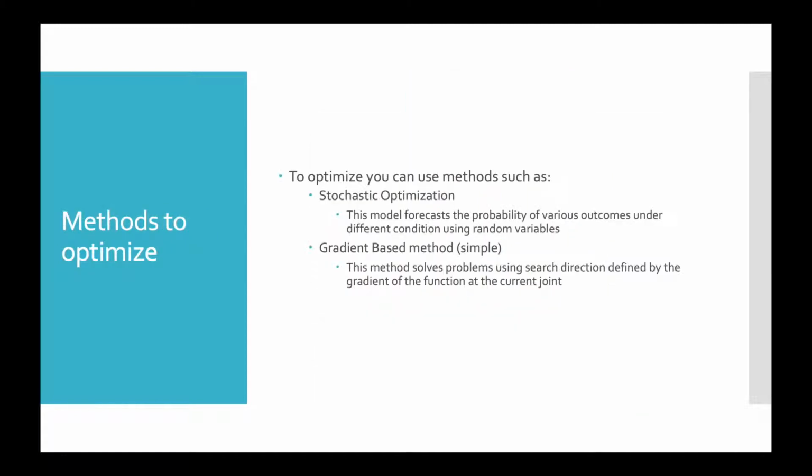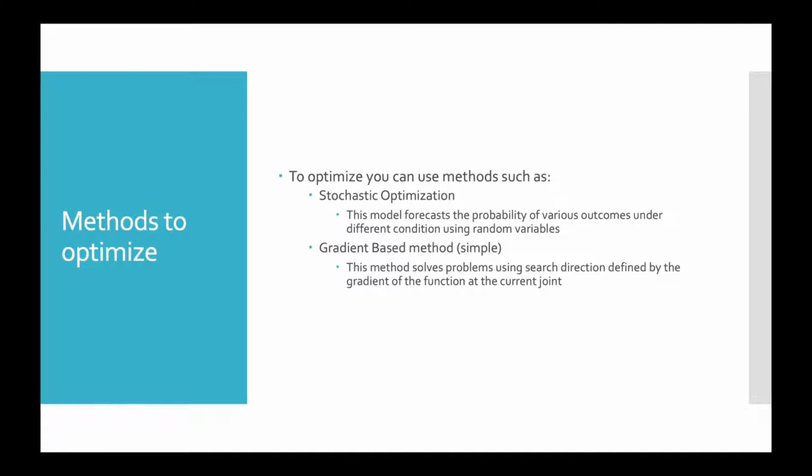When searching for methods to optimize continuous simulation problems, such as the prey and predator model or any other type of model that may be a continuous simulation model, I found two methods. The first is stochastic optimization, which forecasts the probability of various outcomes under different conditions using random variables.